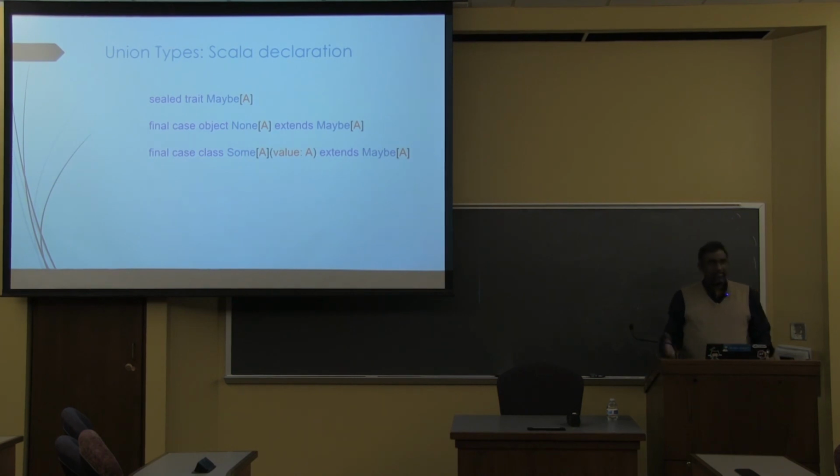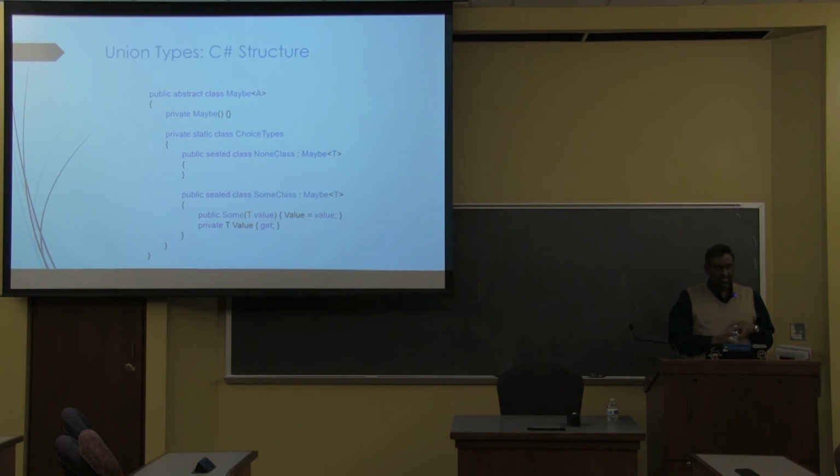But of course, in C#, you've got to do a little bit more work to make that happen. So we'll start by taking the structure of the Scala thing and flesh it out to what it really means to be closed, so that you can't inherit any further, and also to make sure that we have some value semantics around it.